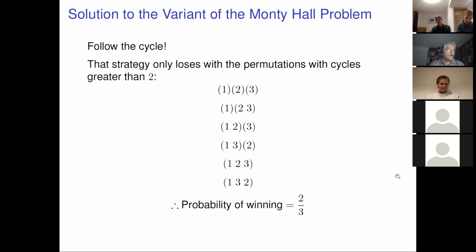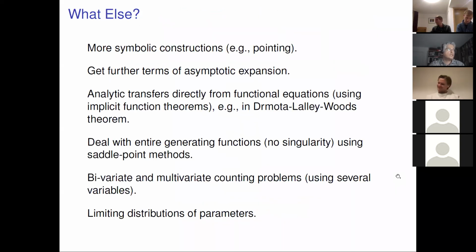Well, anyway, do I have something else? Oh, yes. Sorry. Very briefly, I wanted to mention that there are many, many things. As I said, I'm just showing you the tip of the iceberg. There are many more symbolic constructions. You can get implicit results applying this theorem. Then there are bivariate and multivariate generating functions.